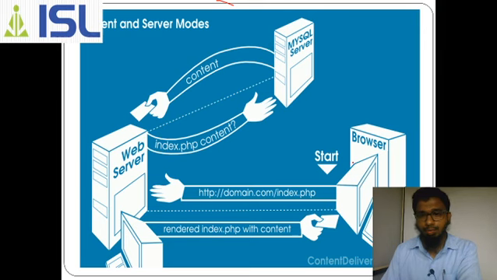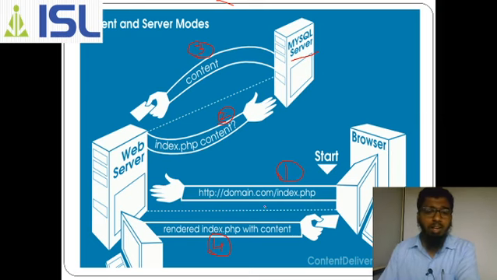Next, here client and server mode. First, the browser is starting. First one, it is asking something to the web server. The web server is not directly giving to the client, it is asking the database. If you have a database such as a MySQL server, it goes there. From there we are getting the data. Third, after that we are sending to the user whatever the information is.